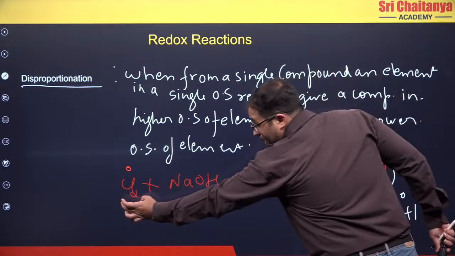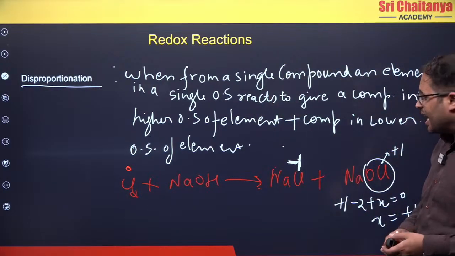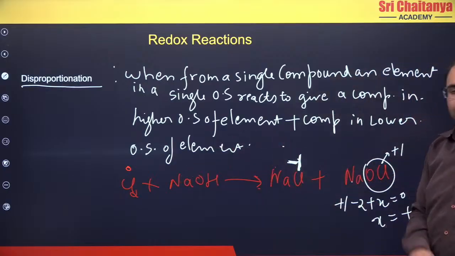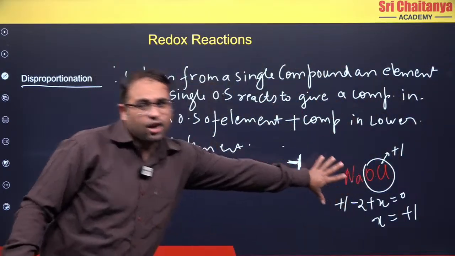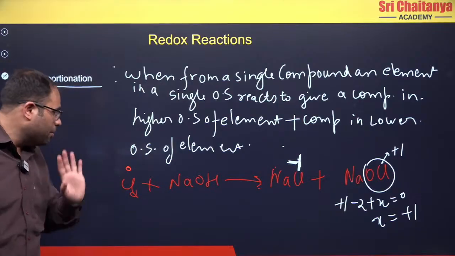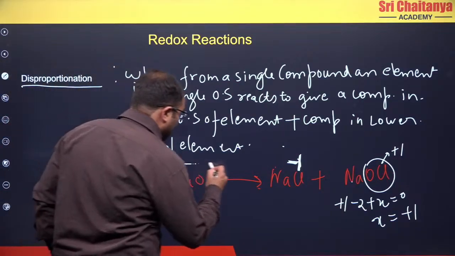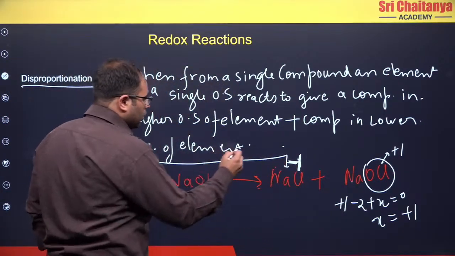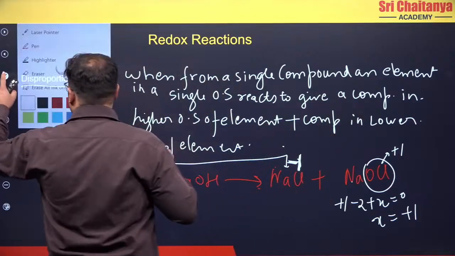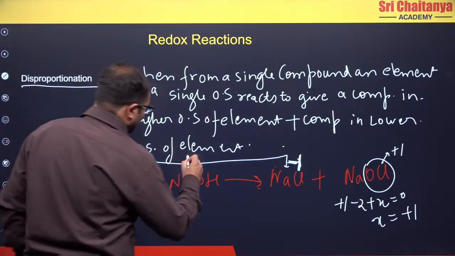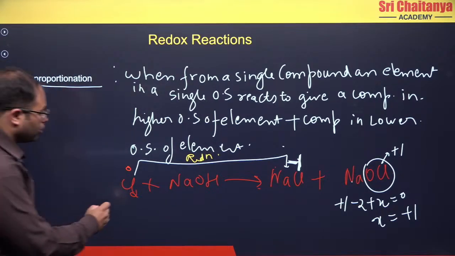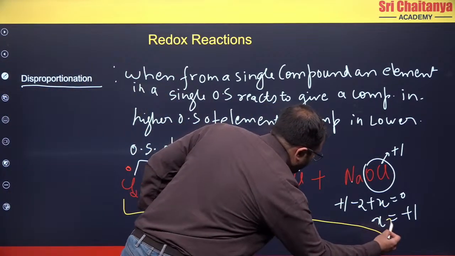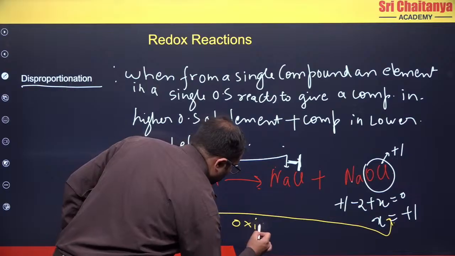From the same compound, you're getting a compound of lower oxidation state and another compound of higher oxidation state. From the same compound, right? So from the same compound, you're going here, you're getting reduction. And from the same compound, the arrow starts, you're getting oxidation.